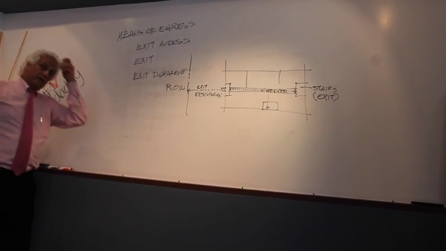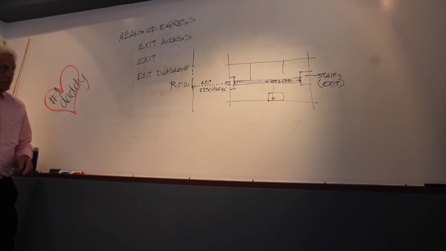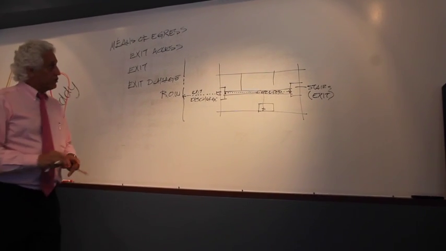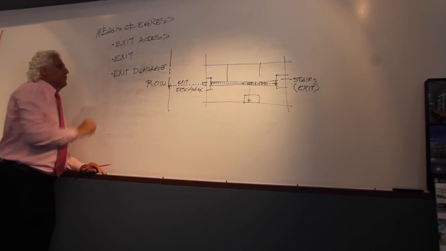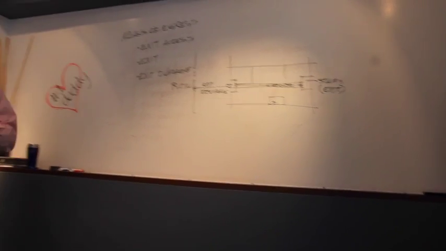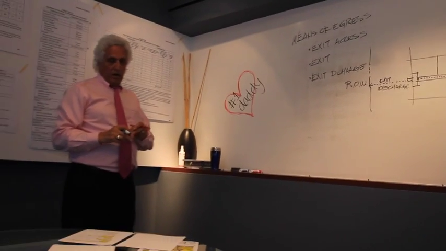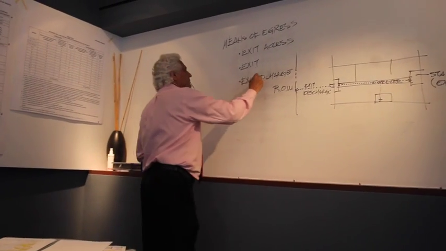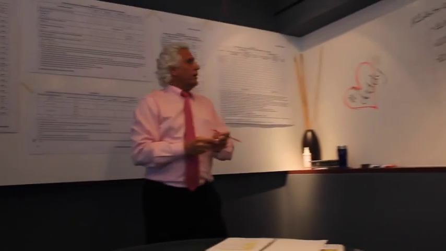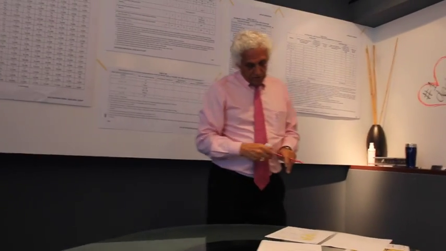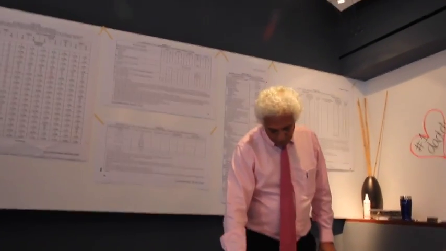And then the municipality or the jurisdiction will take care of the people from there. Those are important because they are defined in the code, and throughout the code they will talk about exit requirements, exit discharge, and all those requirements and lengths of travel and so forth.